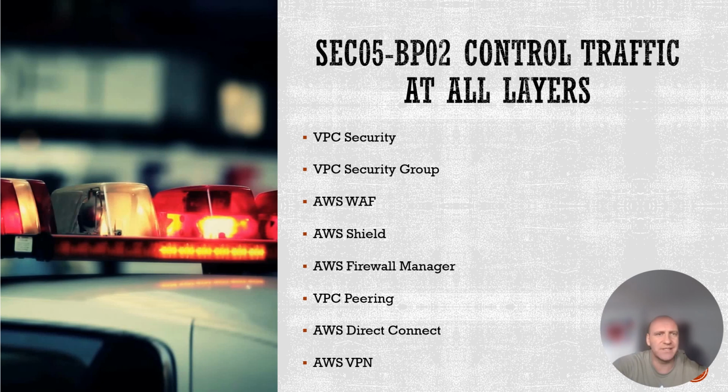AWS Shield Standard is automatically included at no extra cost beyond what you already pay for your AWS WAF on your AWS resources. But AWS Shield Advanced provides expanded DDoS attack protection for your Amazon EC2 instances, load balancers, CloudFront distributions, Route 53 hosted zones, and AWS Global Accelerator standard accelerators.